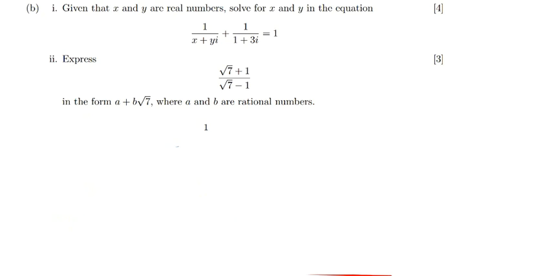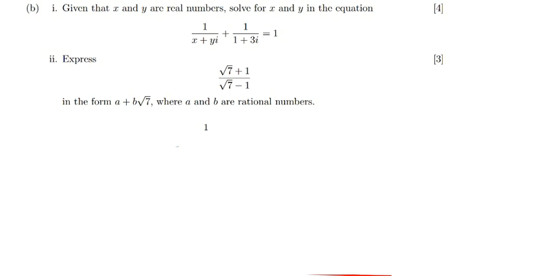Let's now go to part 2, which is saying express the square root of 7 plus 1 divided by the square root of 7 minus 1 in the form of a plus b square root of 7, where a and b are rational numbers.